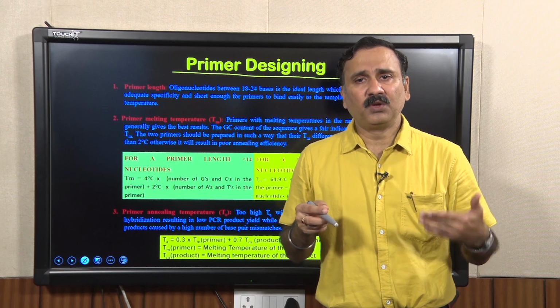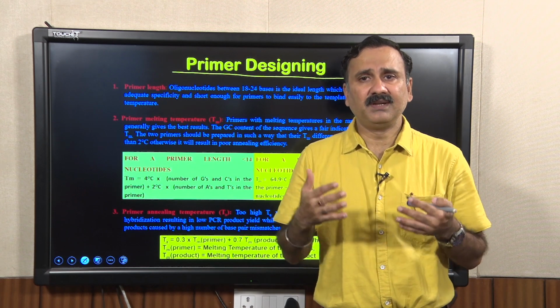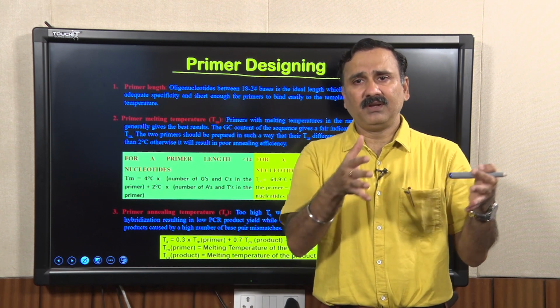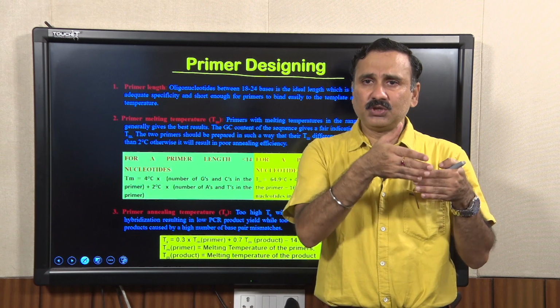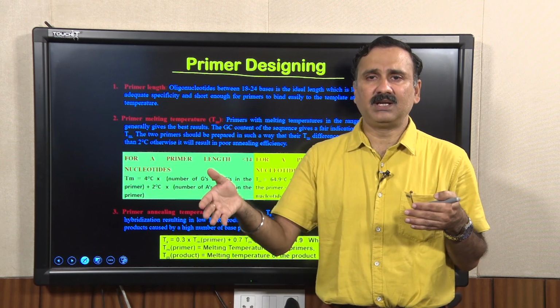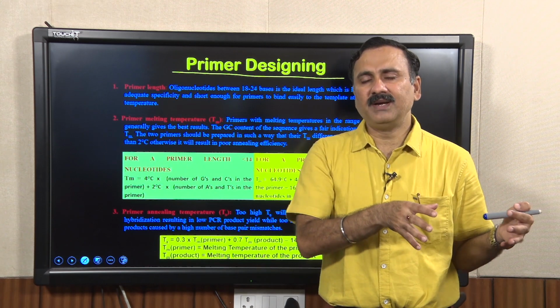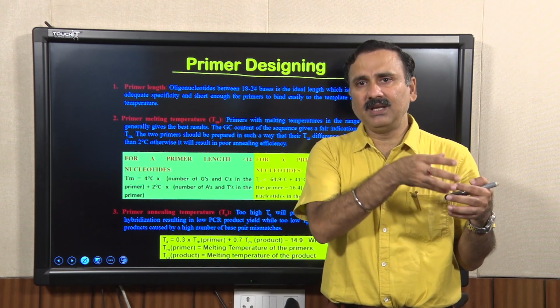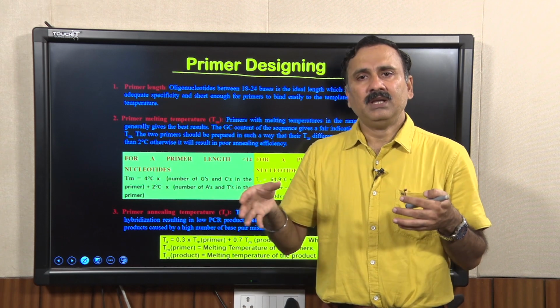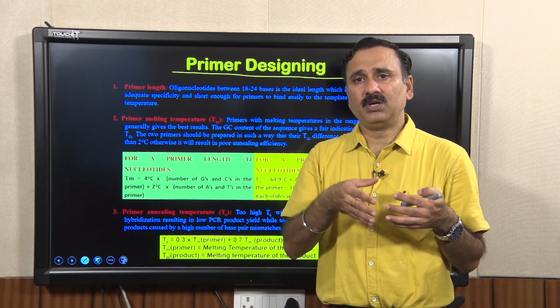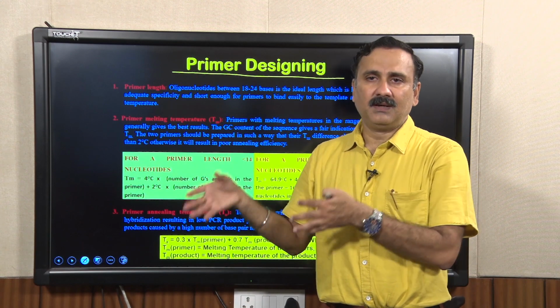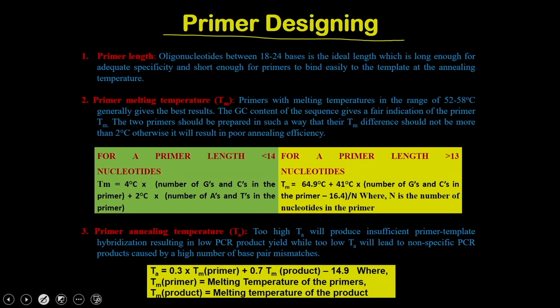When you design a primer, the purpose is that it should bind to the target DNA, and that complex is going to be recognized by the Taq DNA polymerase, which will initiate the elongation steps and give you the complete amplification. When you start designing the primers, the first thing to remember is the PCR primer length.